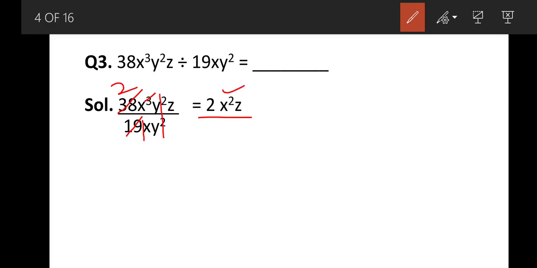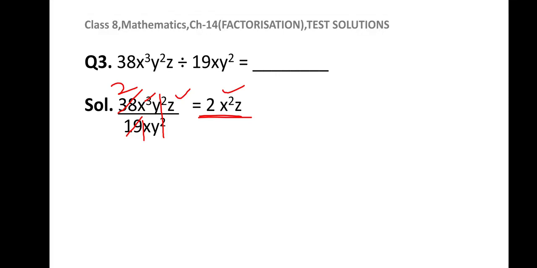Y square is common to both the terms, so it will be cancelled out, and z will be written along with the answer. So your answer is 2x square z. The correct answer of this question number 3 is 2x square z.